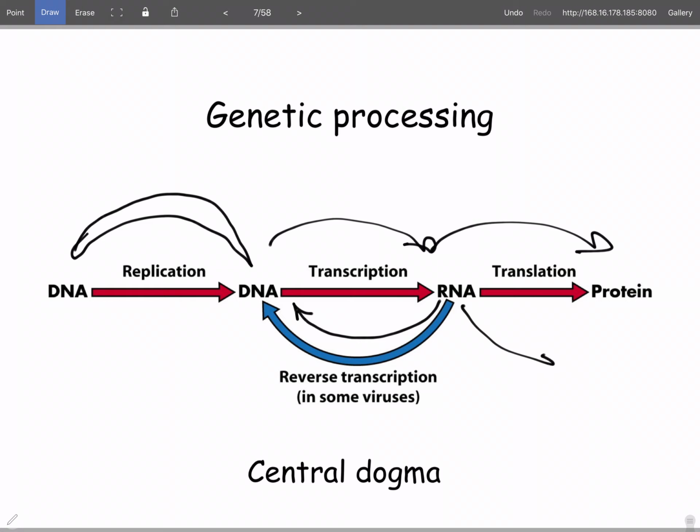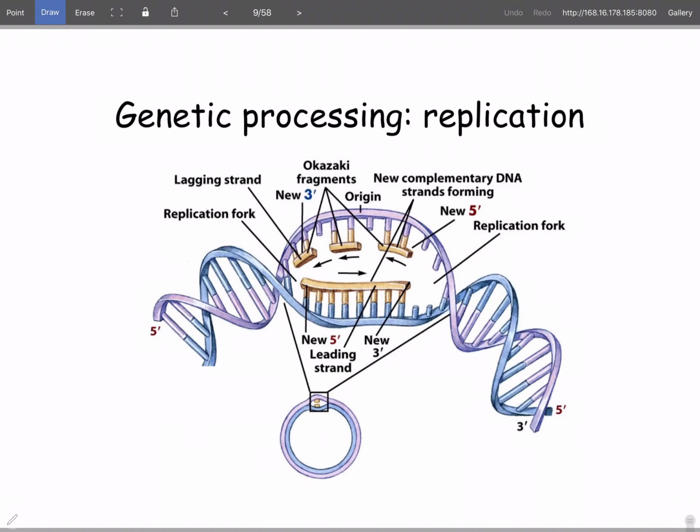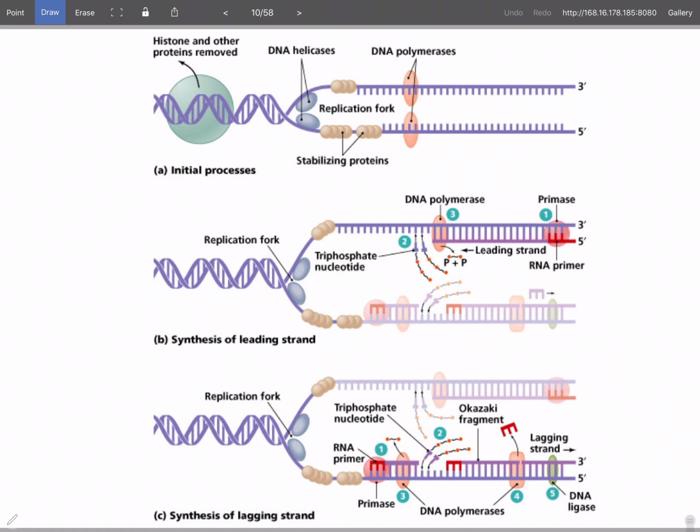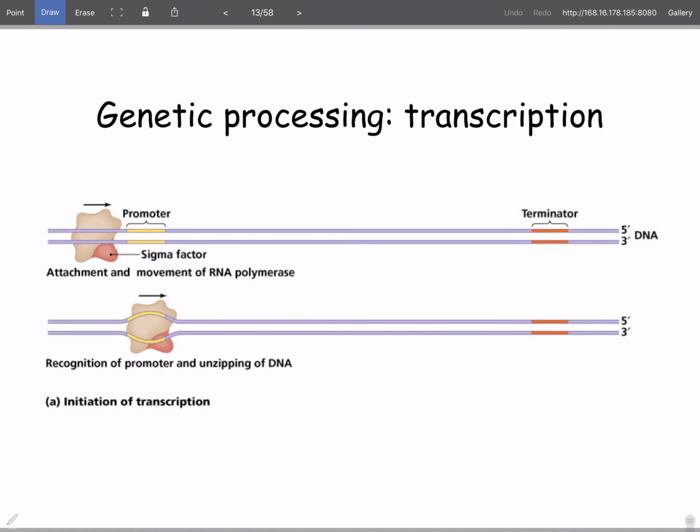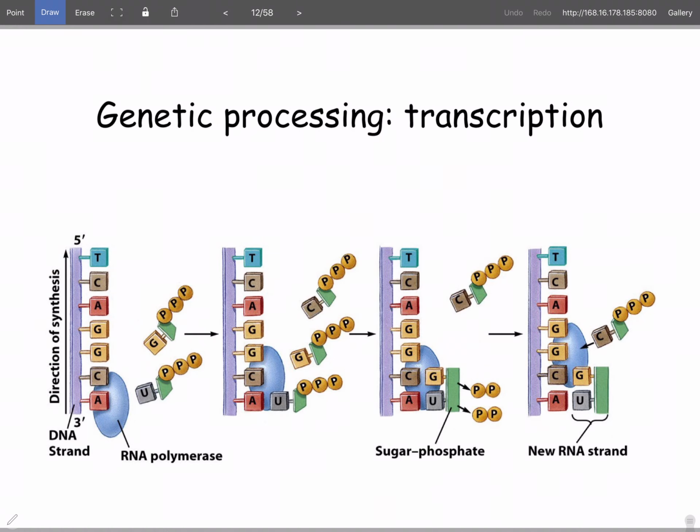We have RNA that can also be transcribed into other RNA molecules in viruses, but we'll come back to those processes when we talk about the virology section. But right now, we're going to start with this process of transcription, where we make an RNA molecule from DNA.